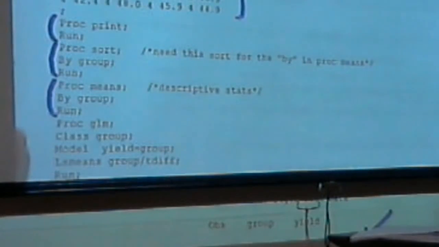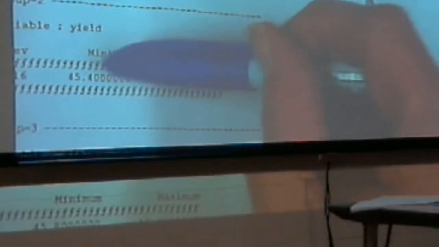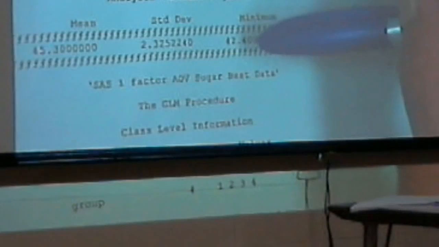So this is exactly the same as the previous handout, right? Exactly the same thing. And so we should be seeing similar kind of output. We see the group 1, the summary statistics, the group 2, the summary statistics, the group 3, there they are, group 4, the summary statistics are there. Okay.